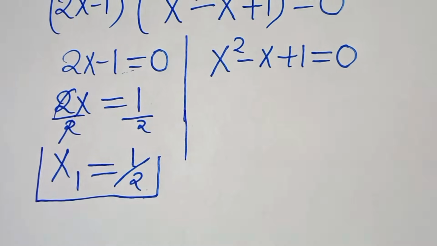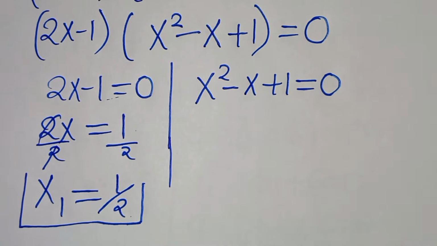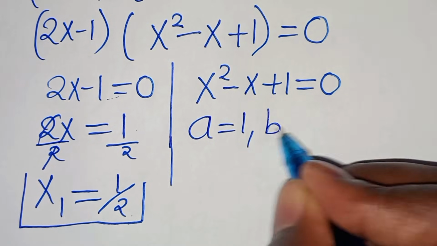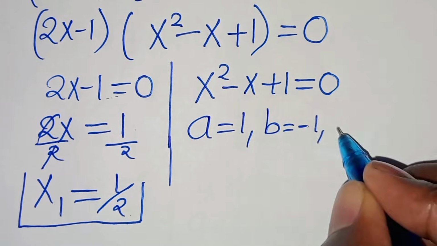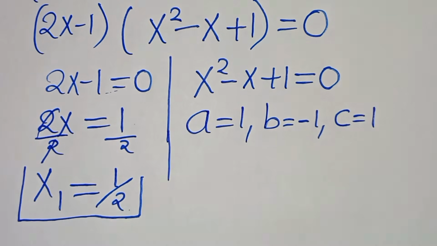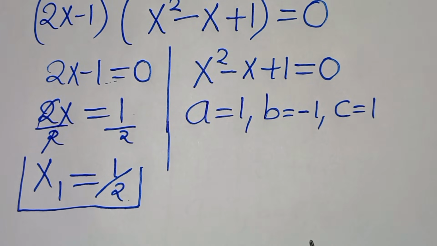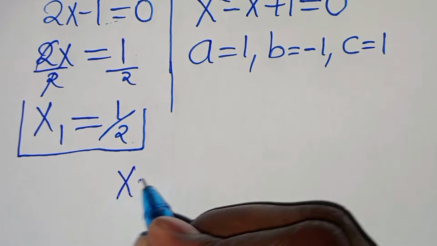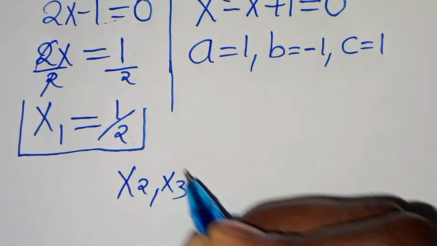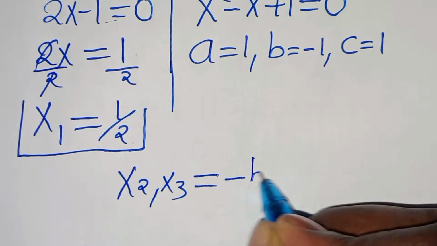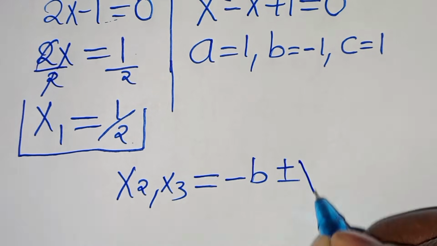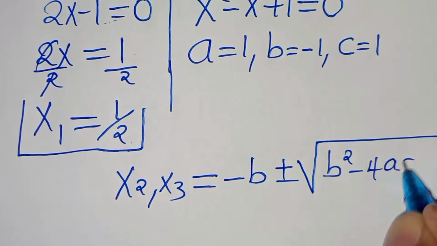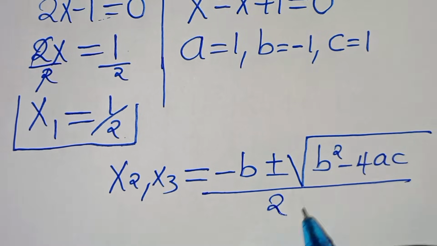The second part here is a quadratic equation where we have a is equal to 1, b is equal to minus 1, and c is equal to 1. So in this case, we can solve for the values of x2, x3 by applying the quadratic formula, which is minus b plus or minus the square root of b squared minus 4ac, everything divided by 2 times a.